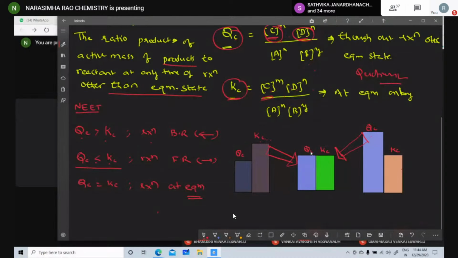At equilibrium, these two are at an equilibrium state, neither forward nor backward. In this case it is the backward reaction, and in this case the forward reaction is favorable. Clear now, Varshit? Yes, sir. Clear.